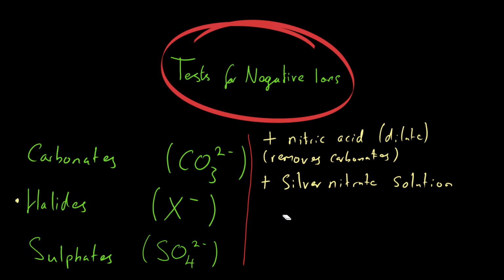All right, so we can also distinguish between the 3 halogens, depending on the colour of the precipitate that we form.